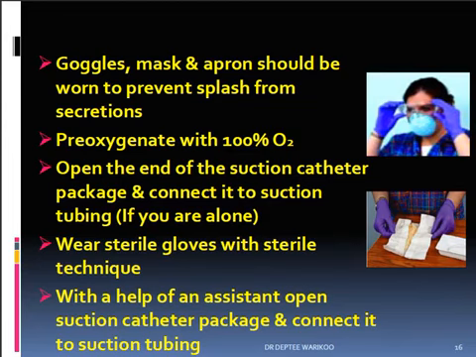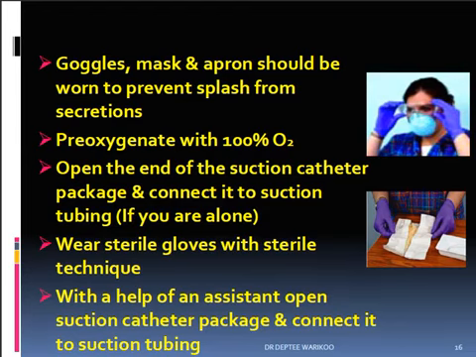Goggles, mask and apron should be worn to prevent splash from secretions. Pre-oxygenate with 100% of oxygen. Open the end of the suction catheter package and connect it to the suction tubing. Wear sterile gloves with sterile technique.